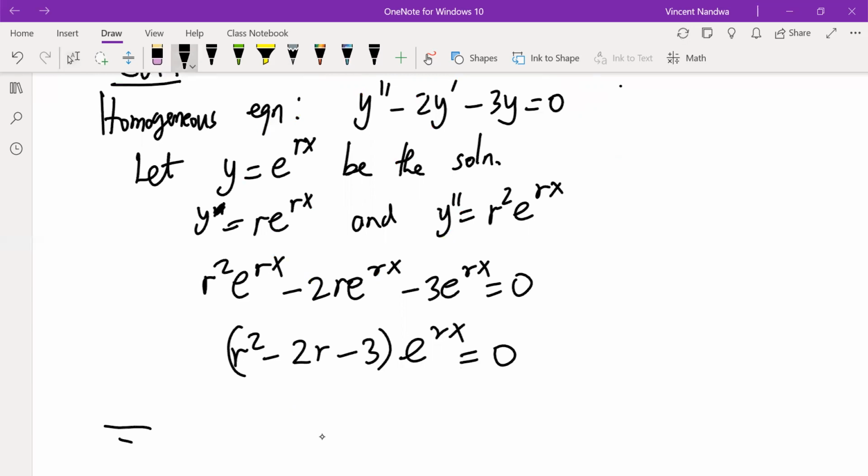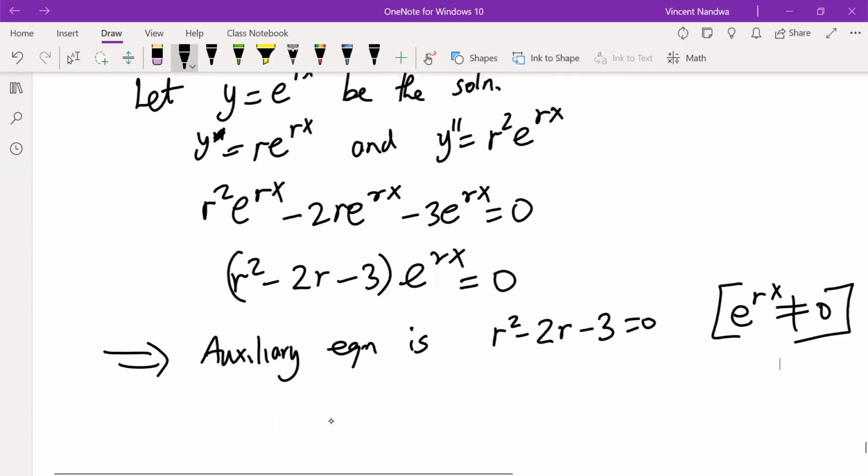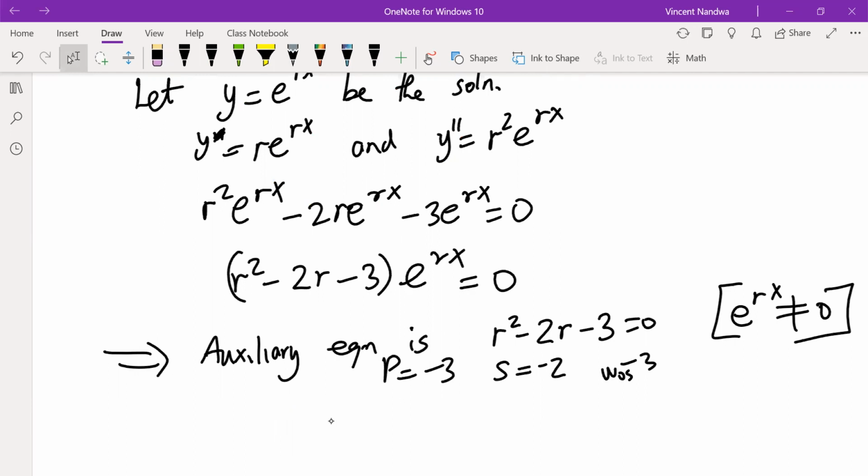which means the auxiliary equation is r squared minus 2r minus 3 equals 0. As we know, exponentials are non-zero. So product is minus 3, sum is minus 2, so the numbers should be minus 3 and 1.